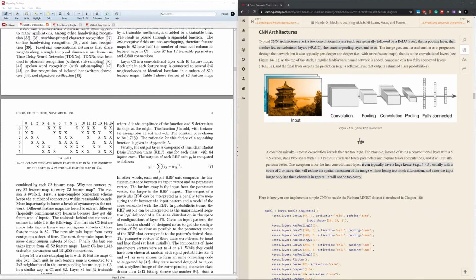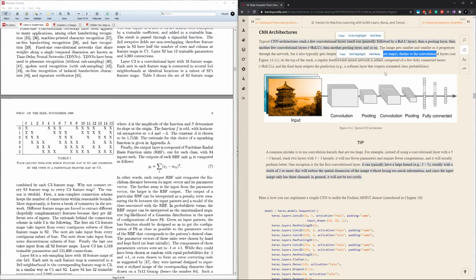Now we talk about how we stack those layers and what the common activation functions are that we mostly use. Here they have given a representation of what actually happens, in an intuitive sense, as the images pass through those convolution and pooling layers.